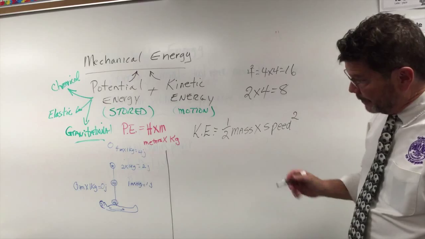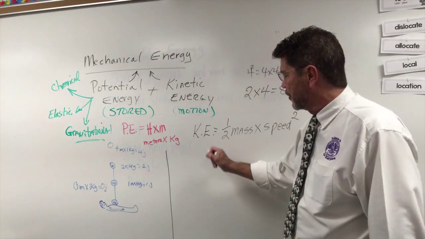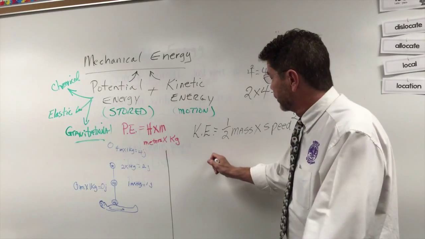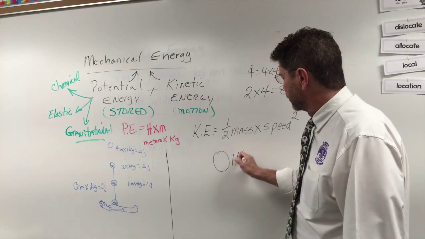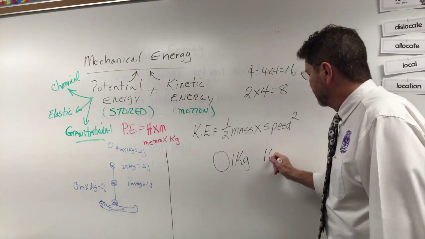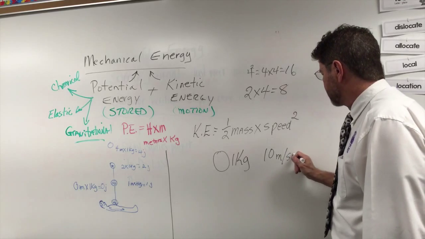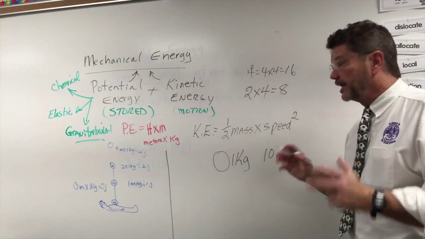Something moving, for example, a large ball that is moving, let's say a ball that is 1 kilogram. So if we had a ball that is 1 kilogram, and it's going 10 meters per second, we could find out in joules the kinetic energy.